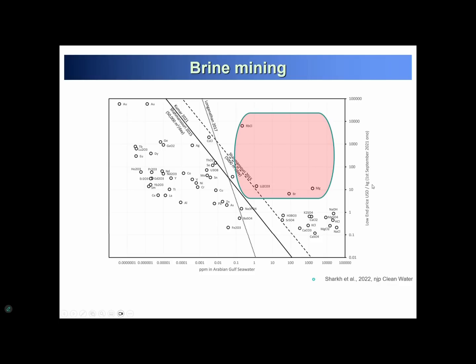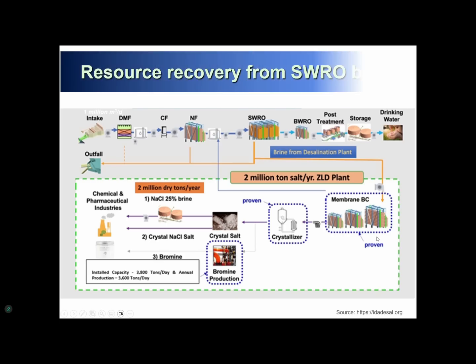So you will also get a lot of cost benefit if you sell this sodium chloride recovered from desalinated water, so you don't even have to pay for your water cost, which is relatively low. So a lot of people try to recover these different salts.